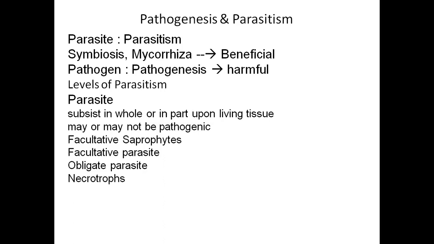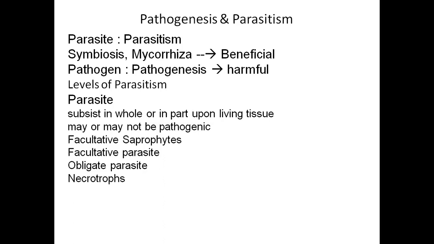So, how can we define the parasite? Any organism which, as a whole or in its part, depends on living tissues, and which may or may not be pathogenic, is known as a parasite.